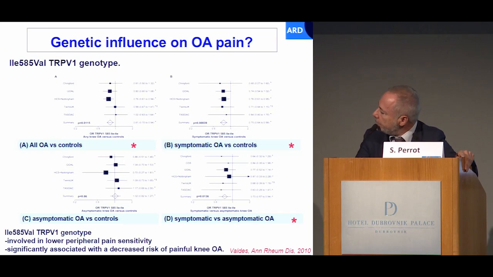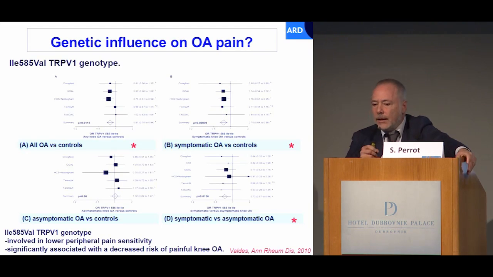These are very interesting studies from Ana Valdez demonstrating that the mutation of one TRPV1 genotype leads to an increased frequency of osteoarthritis, but also of symptomatic versus asymptomatic osteoarthritis. So there is an intrication between pain and osteoarthritis mechanism that is shown by this very interesting study.